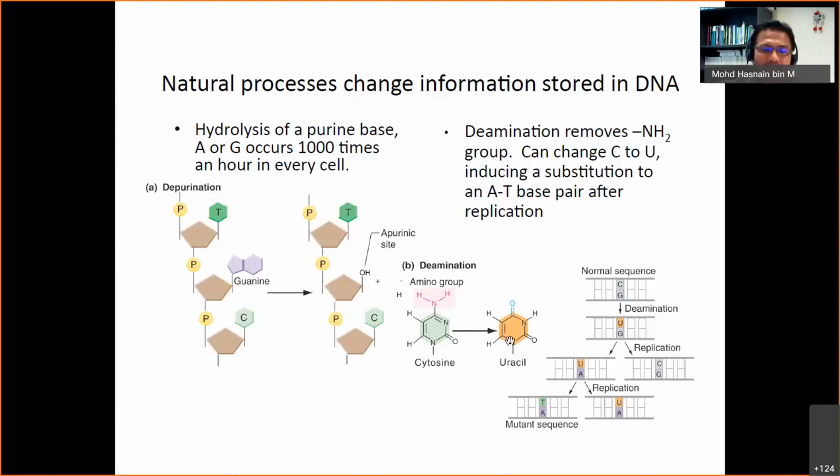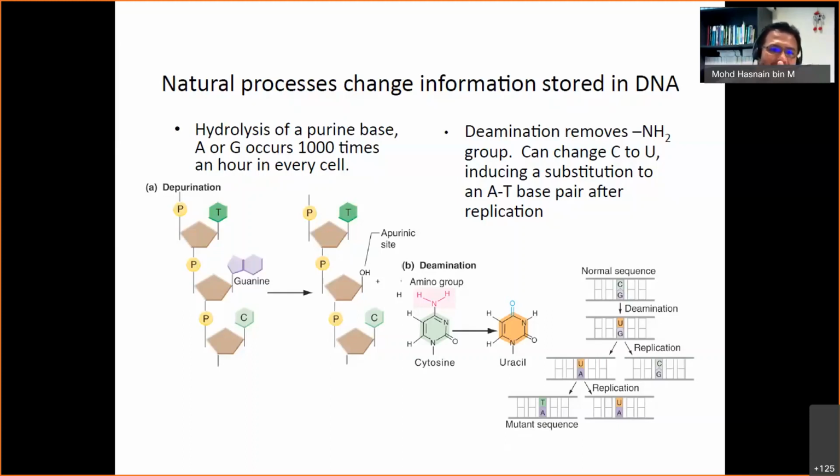So imagine this DNA, where cytosine has become uracil, undergoing replication. When the double-stranded DNA becomes single-stranded, this strand contains cytosine that has been deaminated into uracil.